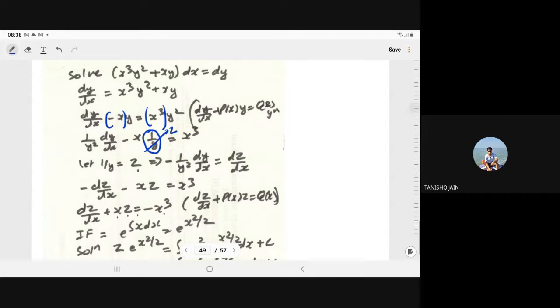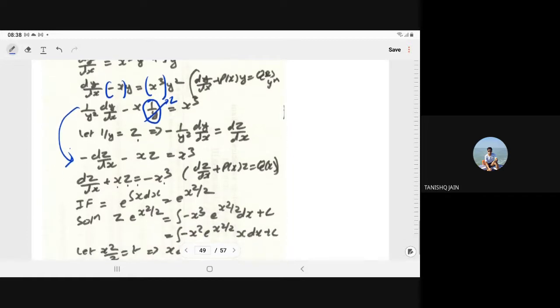Just put that here, so this will reduce to minus dz by dx minus xz is equal to x cube, or it can be written as dz by dx plus xz is equal to minus x cube. So it is the linear equation.